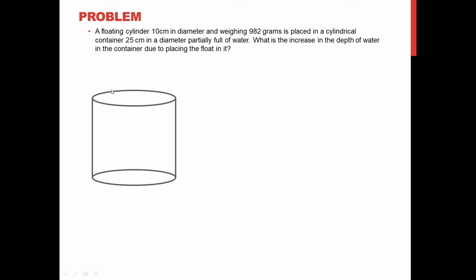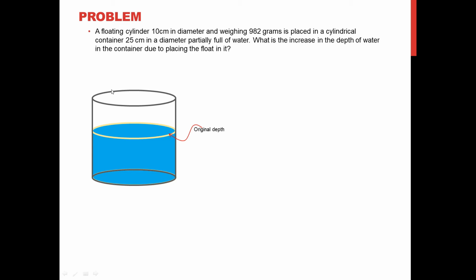So, as usual, we are going to have a correct assumption in our illustration. So, as a solution, let us first illustrate our cylinder container that is 25 centimeter in diameter. So, this is partially filled with water.